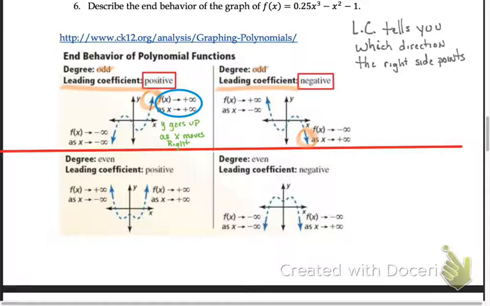So then, let's go a different color here. What's a way to write this here? Which way is y going? Y goes down as x goes left.